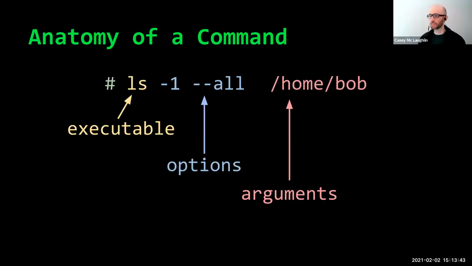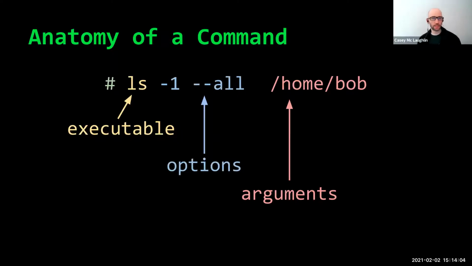Options almost always start with a dash, and you can usually tell from context what's an option and what's an argument if they don't. And then arguments never start with a dash, unless, well, never say never, but most of the time they don't start with a dash.